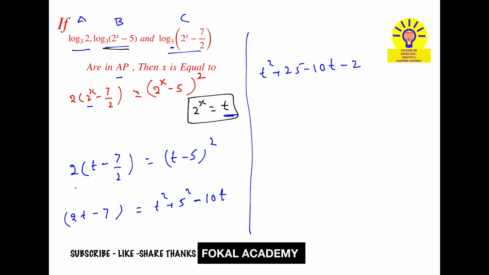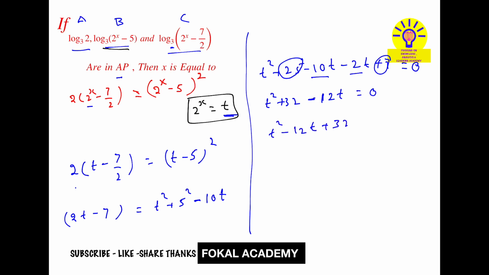Bring the minus 2t here, it becomes minus 12t, and plus 7, plus 25, which is plus 32, equal to 0. That is t square minus 12t plus 32 equal to 0.